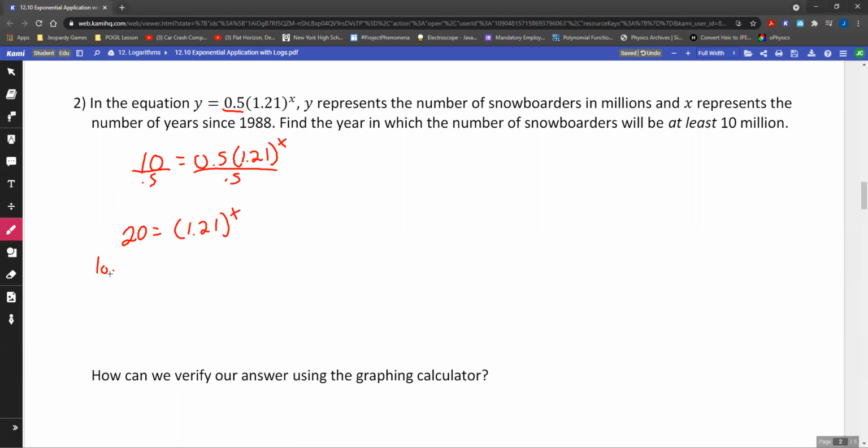Take the log of both sides. Divide both sides by log of 1.21. So I get x equals log 20 divided by log of 1.21.